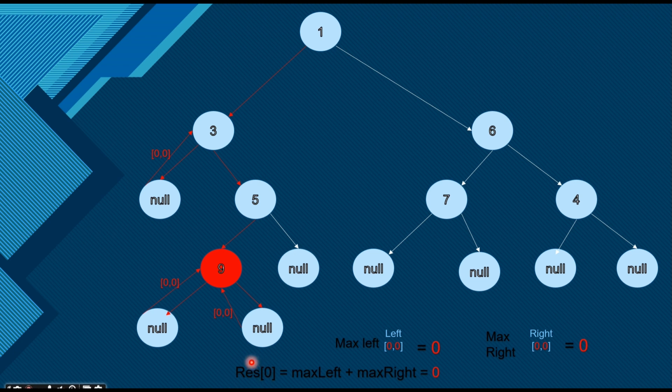We will calculate the result: the first value of the resultant array will be max left plus max right, that is 0 plus 0, that is 0. And now the second element of the resultant array will be the first element of the left, that is 0, and the first element of the right, that is 0, plus 9, the current node, right, that will be 9, so we will return 0 comma 9.